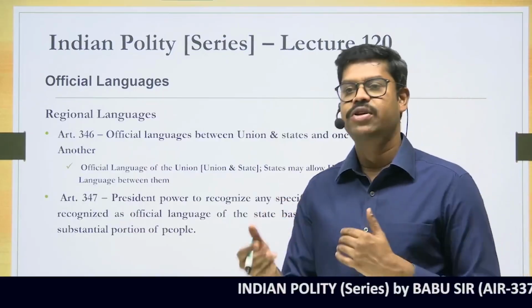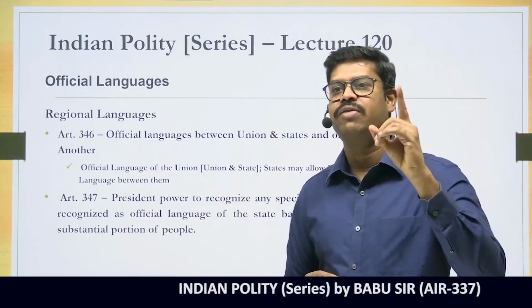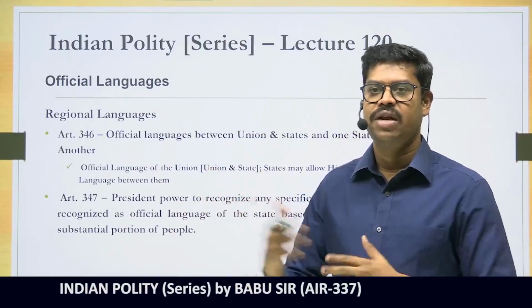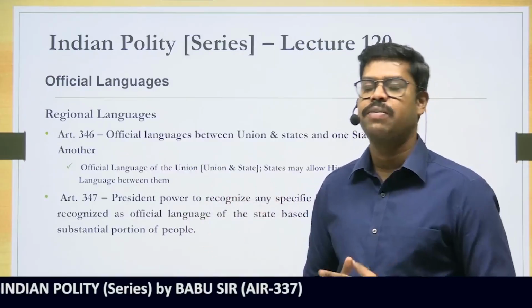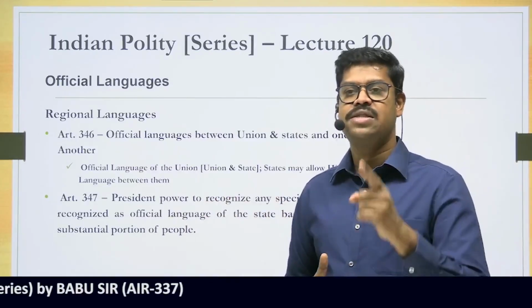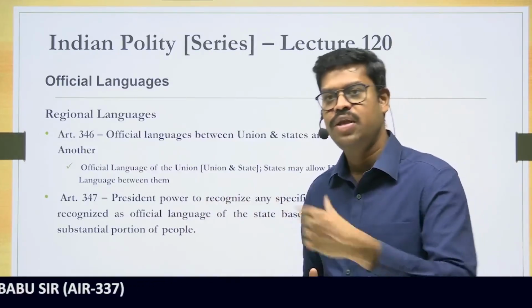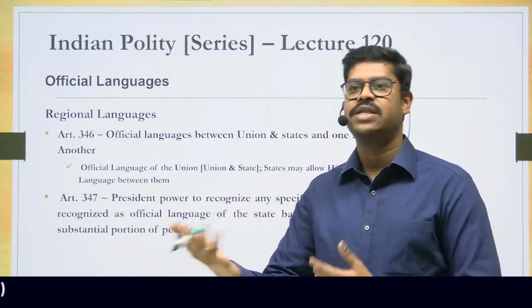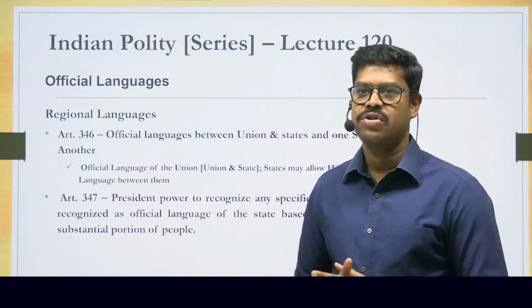The official language between two states is also the official language of the union. So therefore two states can also use English as an official language if there is a communication between two states. However, the concerned states are free to allow Hindi to be an official language between them. If they are okay with that, then the states can take Hindi as an official language between them.